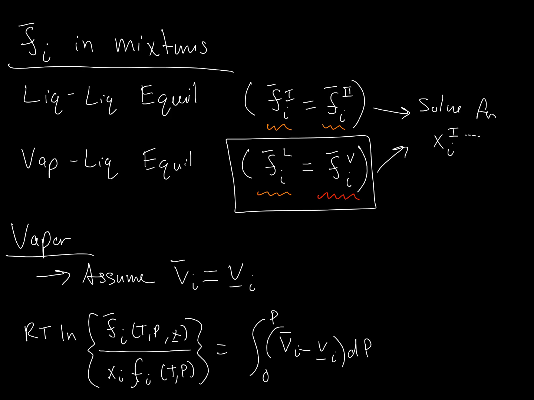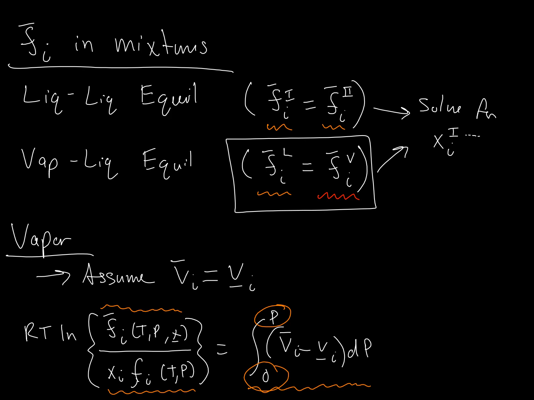So what we have is that the fugacity of species I in a mixture, which is given by this numerator term, right, is related to a scaled version of the pure fugacity based on its deviation going from ideal gas behavior, P equals 0, to real fluid behavior at some elevated P.